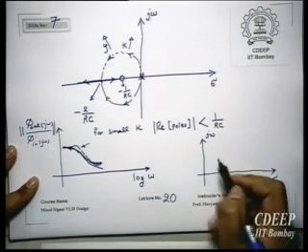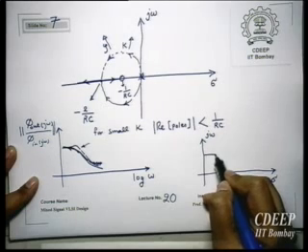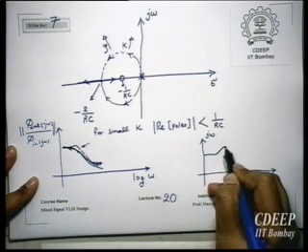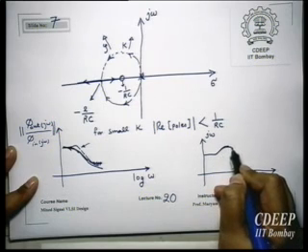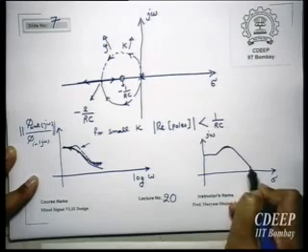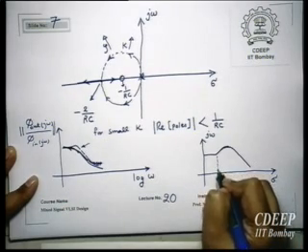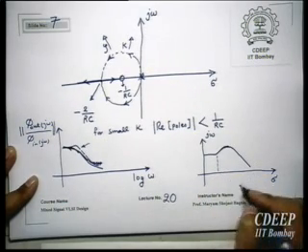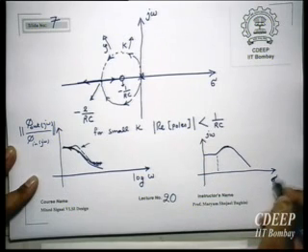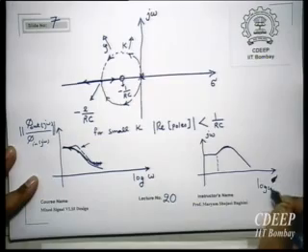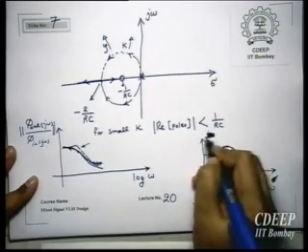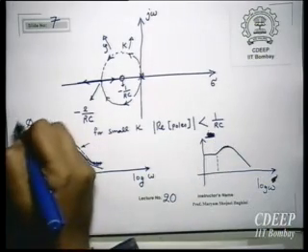Therefore, at low frequencies, first we will see the effect of the 0, right? And then we will see the effect of the poles. And same, here it is, right?